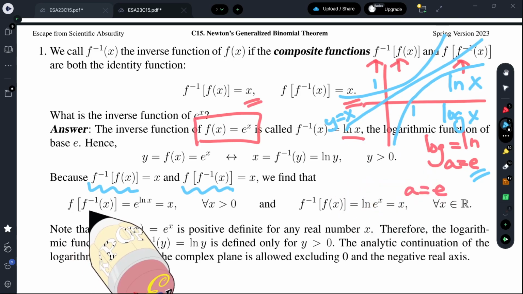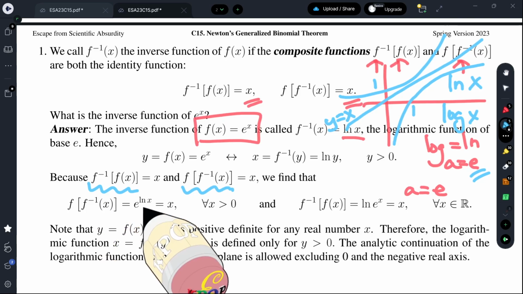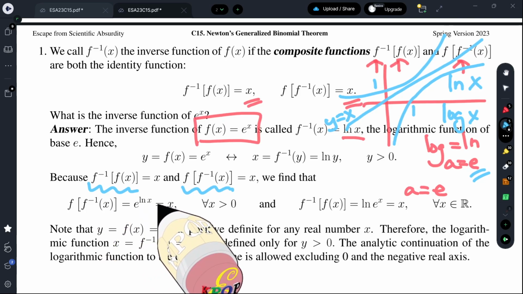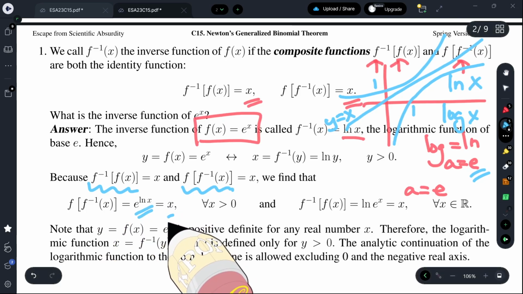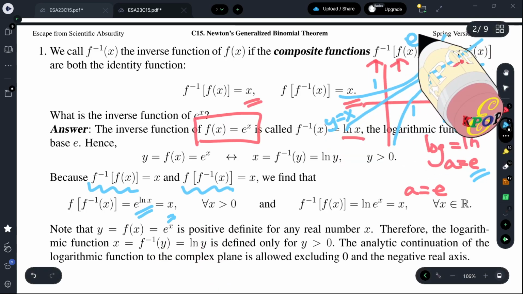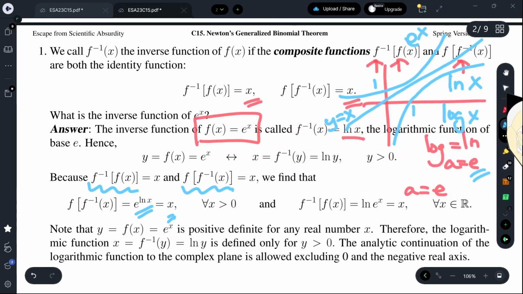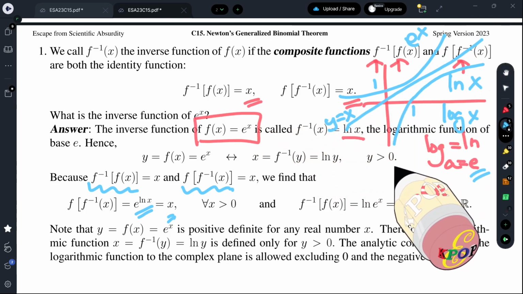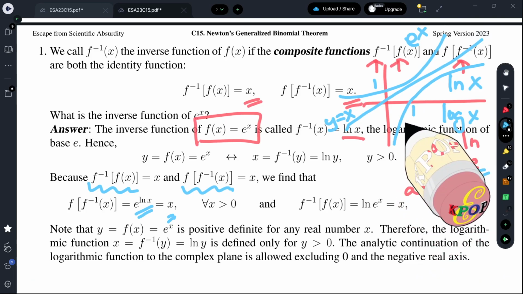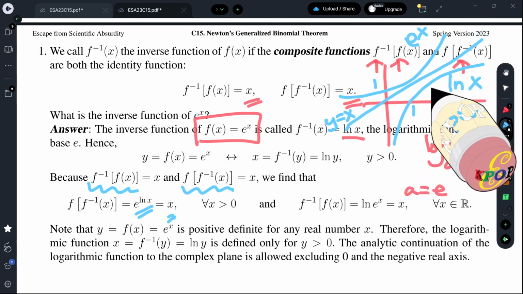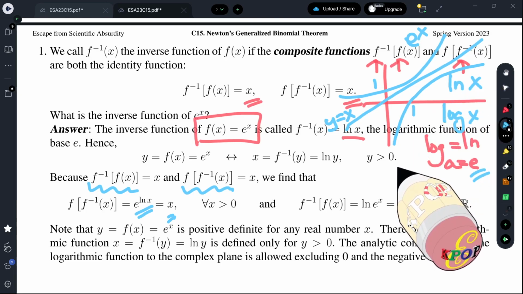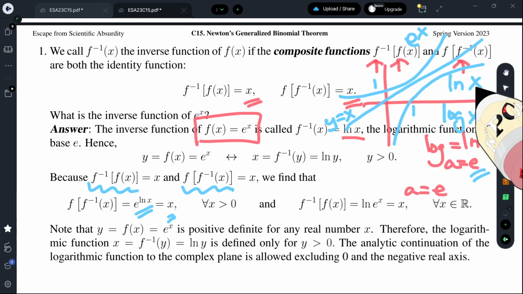So the exponential of log x is nothing but the identity. As you have noticed, the exponential of x is defined for all real numbers, and log x is defined in the region restricted to positive x. Okay. All right.